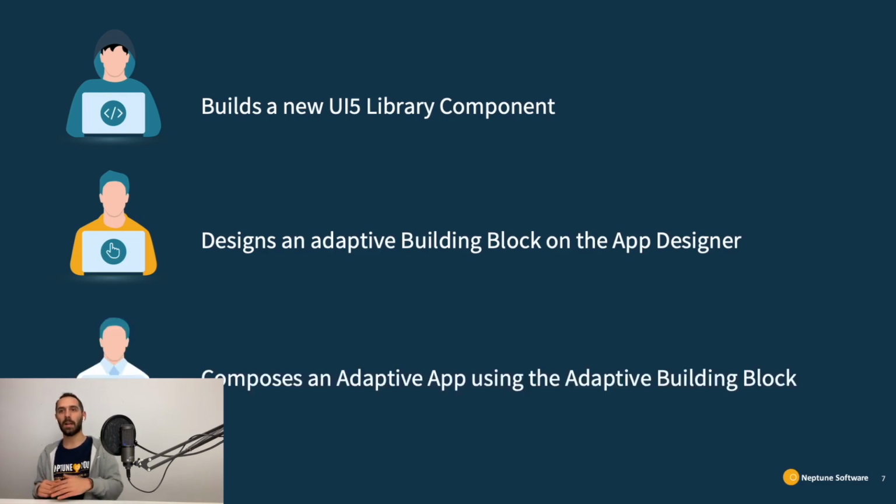And then comes the business developer, who is now composing an adaptive application using the adaptive building block that was created before. These three different shells can work together in order to create one application as an example for an enterprise.